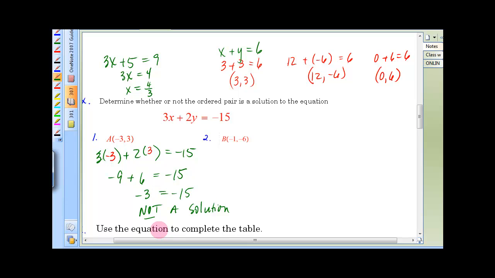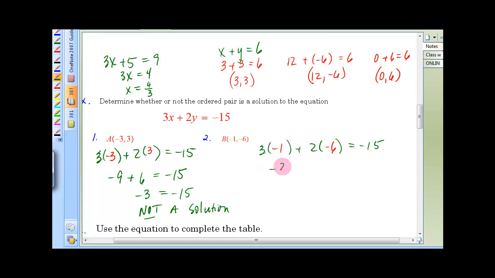Okay. Well, let's try this one. Here we're asked to find out whether the ordered pair negative 1, negative 6 is a solution to this linear equation. So if I have 3 times some number plus 2 times another number, is that equal to negative 15? So we're going to take negative 1 for x and negative 6 for y, and we're going to see if that works.